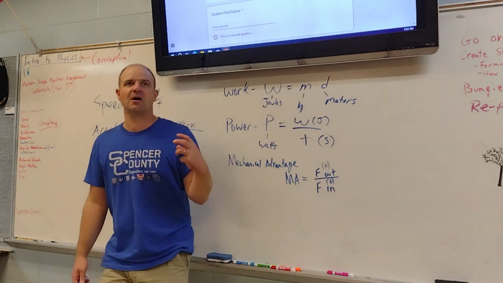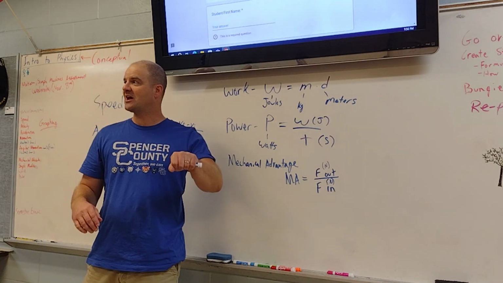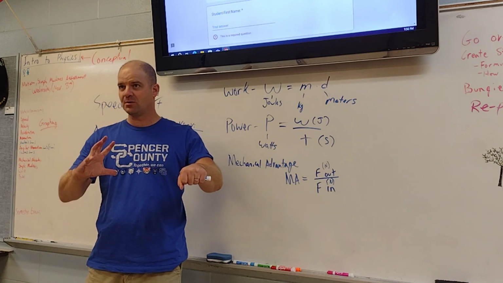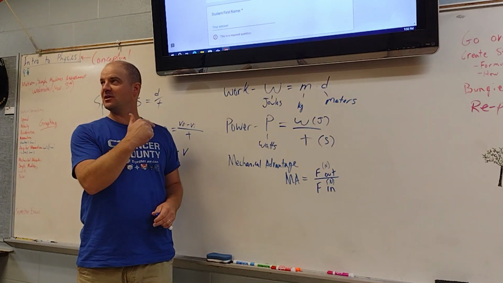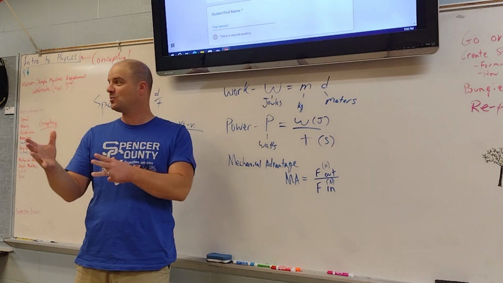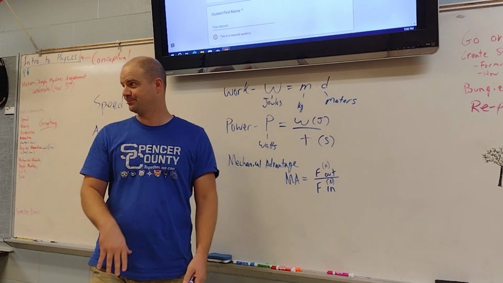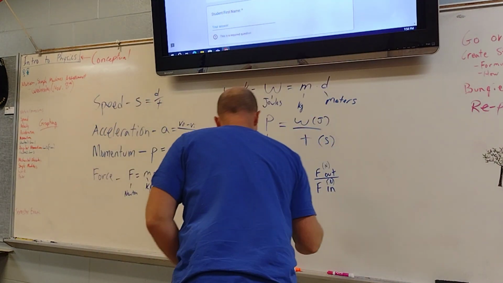Remember, like the example of the wheel and axle, depending on which side you apply the force to, the axle or the wheel, determines whether the advantage is going to be a number greater than 1 or less than 1. Okay? And then we have efficiency.